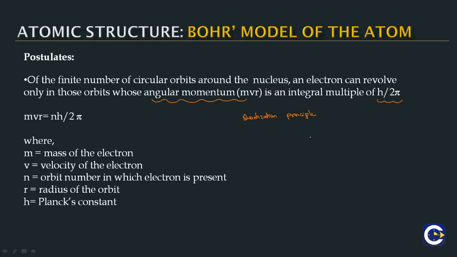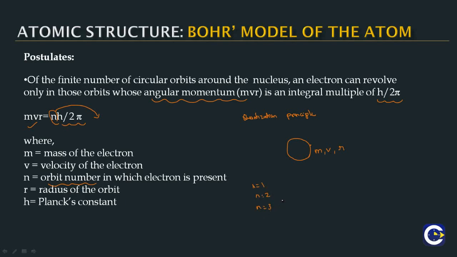Whenever a particle is in circular motion, let's say the mass of the particle is m, speed of the particle is v, and radius of the orbit is r, then the angular momentum will be given by mvr. So the angular momentum must be n times h by 2 pi, where n is a positive integer. The significance of this n is the orbit number. The orbit which is closest to the nucleus will be given the value n is equal to 1, then comes n is equal to 2, then n is equal to 3, and so on.